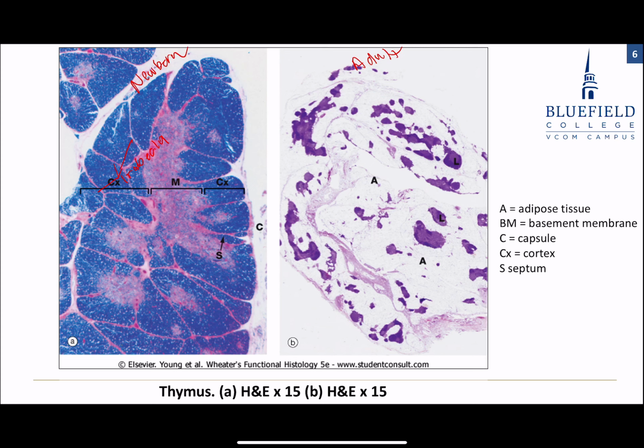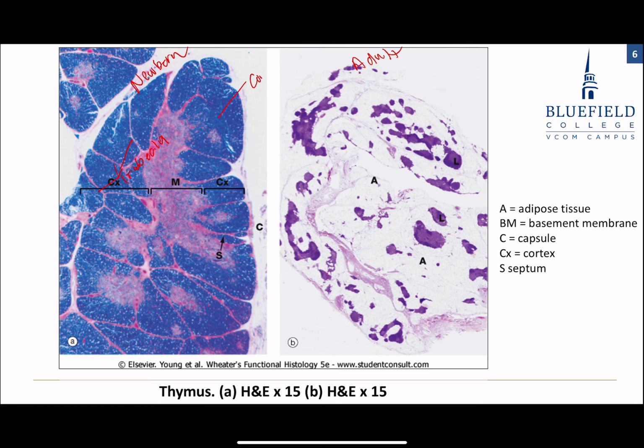Now, stepping out from the lobes and looking at it as an overall structure, it has a dark staining outer portion and a lighter staining inner portion, doesn't it? The terms we use are an outer cortex and an inner medulla. So it has a dark staining cortex and a lighter staining medulla.